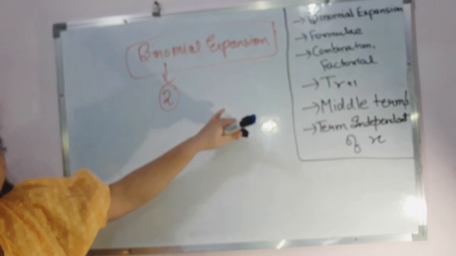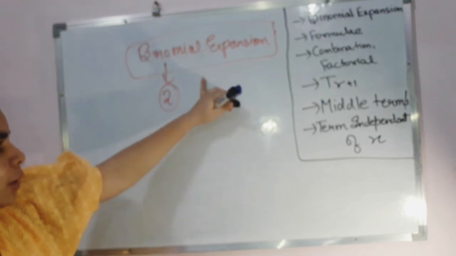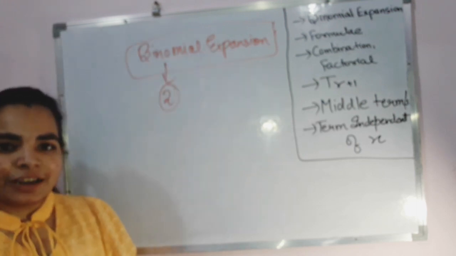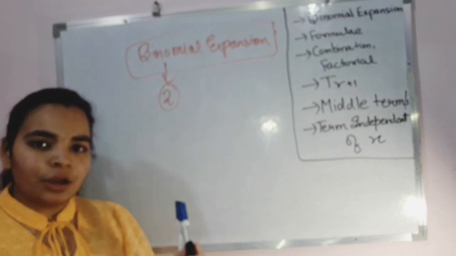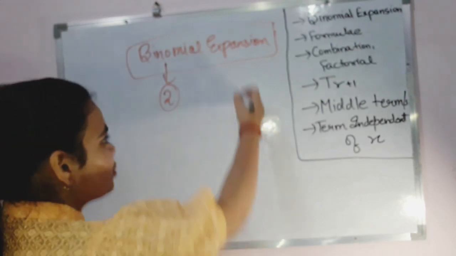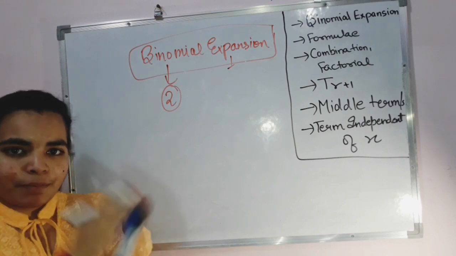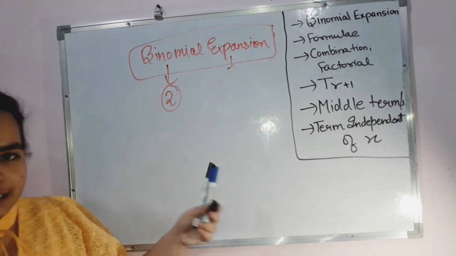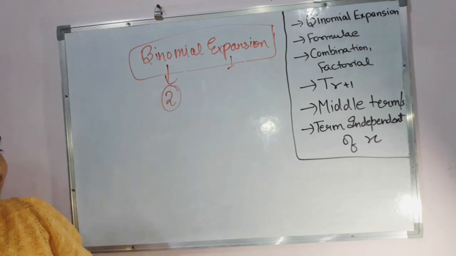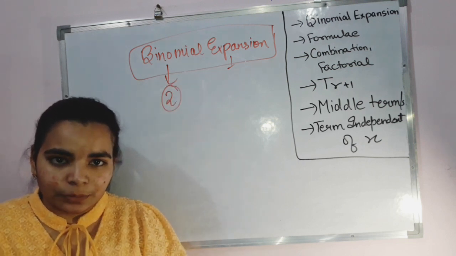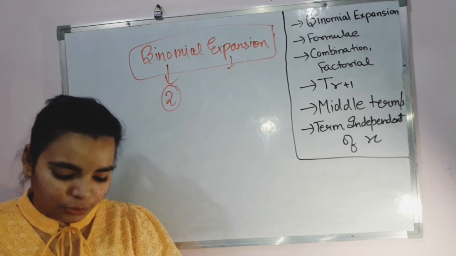And then we have expansion. Expansion means to expand something. Like a certain small thing is there, to make it large, to expand it out, that is expansion. So we are going to deal with the expansion of certain terms. What kind of terms? We'll see to it.